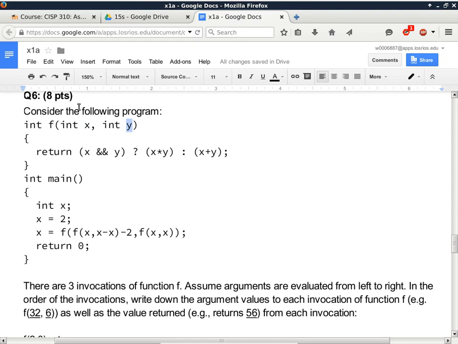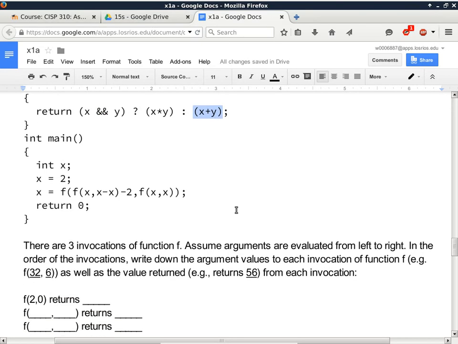In this case, because x is 2, y is 0, at least one side of the conjunction is a 0, which is a false, so that means the entire conjunction is false. When the first expression is false, you evaluate the third expression, which is this one here. X is 2, y is 0, x plus y is just 2. So the answer to that is 2 here.